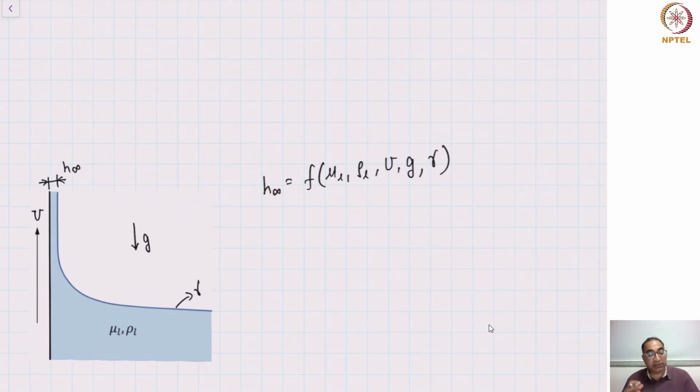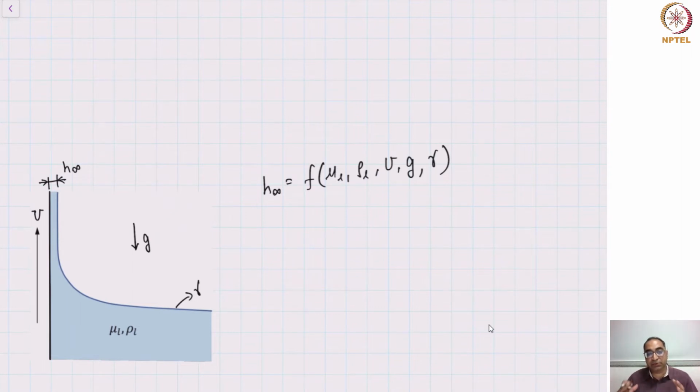You can imagine that when the plate is going up, because of viscous drag, it is pulling the fluid up and trying to create a coating, whereas gravity is pulling the fluid down, and surface tension, because of the enormous increase in surface area, you would expect to also oppose this phenomenon. So there is a nice balance between these forces: viscous drag pulling it up, and gravity and surface tension opposing it.